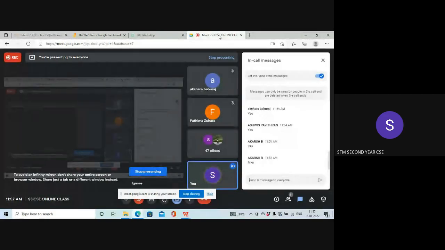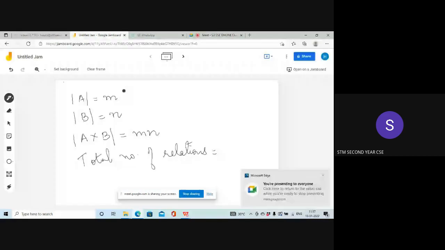So what will be the number of relations in A cross B? How many relations can be formed from A cross B? The total number of relations is equal to the number of subsets of A cross B. A cross B has mn elements.